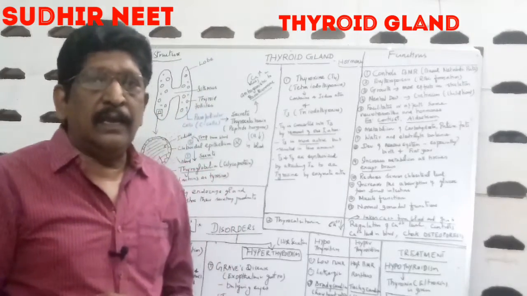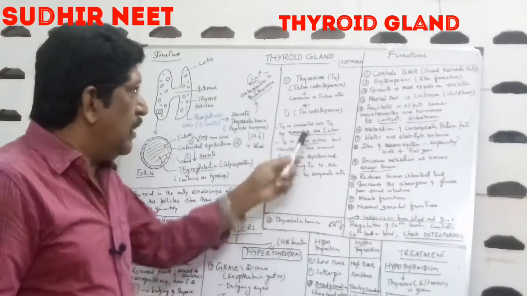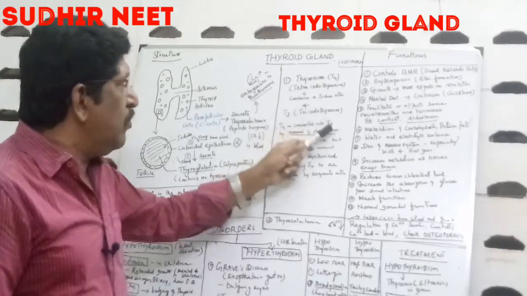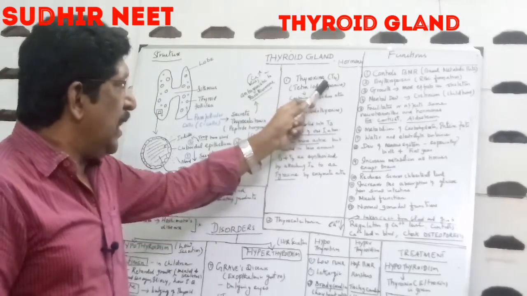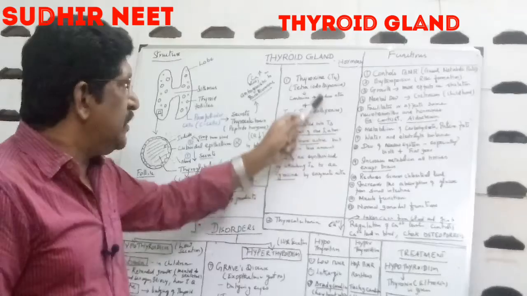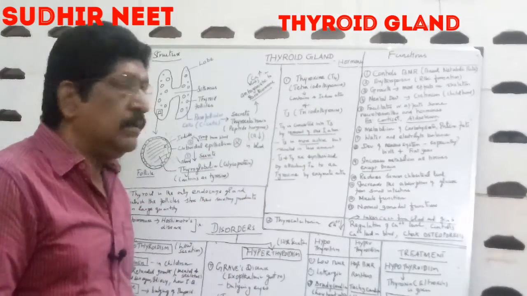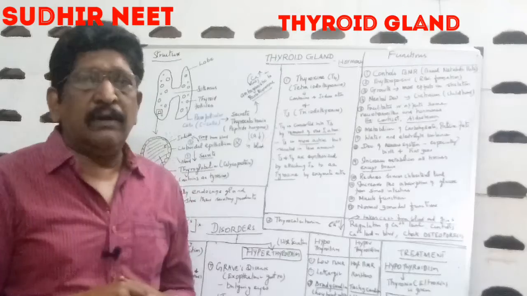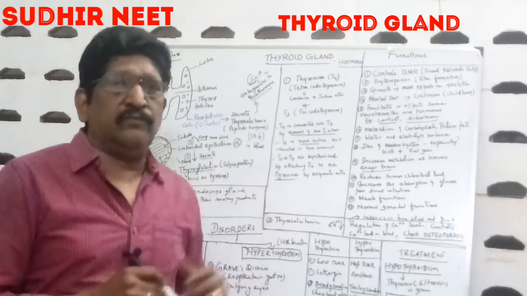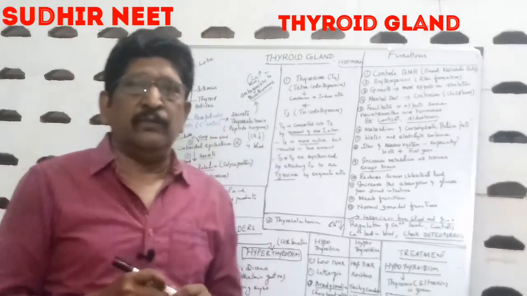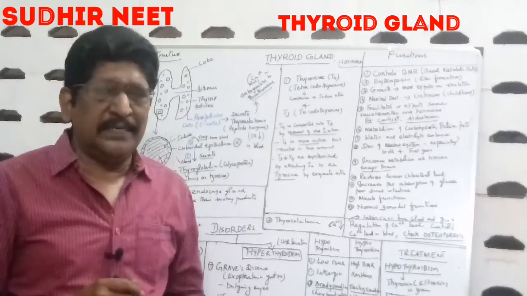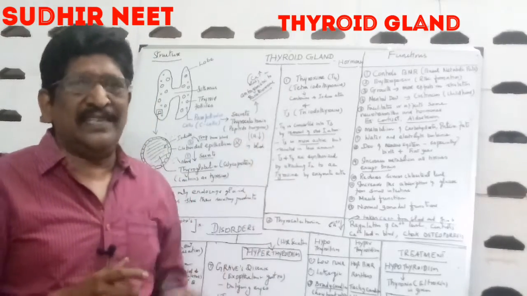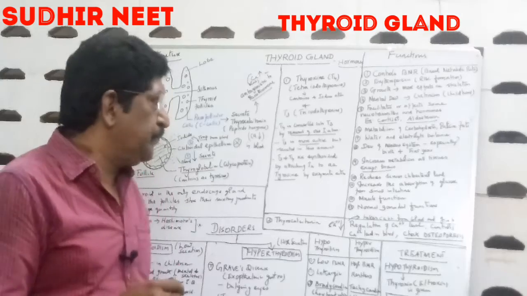It's a very common point that T3 is formed by the removal of 1 iodide ion from the thyroxine or T4. When you compare T3 and T4, T3 is more active, more potent, but it is stored in less amount. T4 is secreted more in amount.